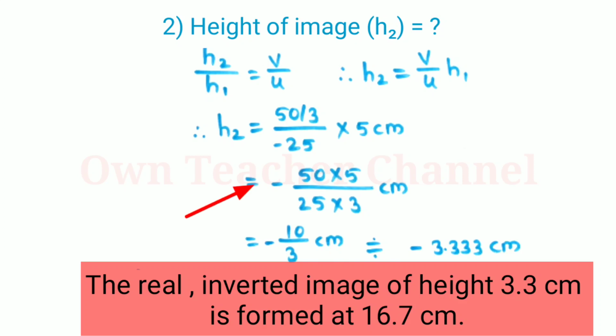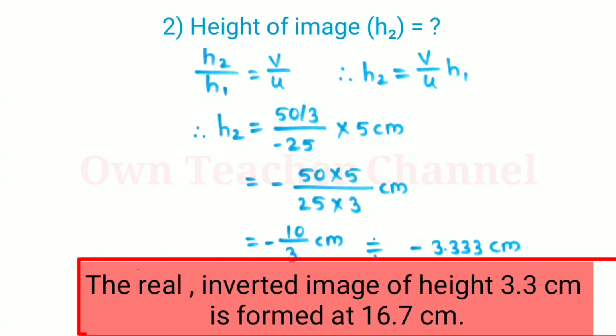Minus 50 into 5 upon 25 into 3 centimeter. After division, we will get answer minus 10 upon 3 centimeter. That means minus 3.33 centimeter. The real inverted image of height 3.3 centimeter is formed at 16.7 centimeter.